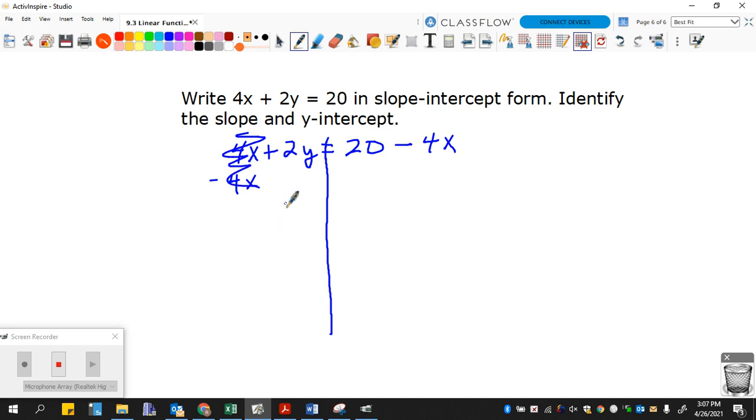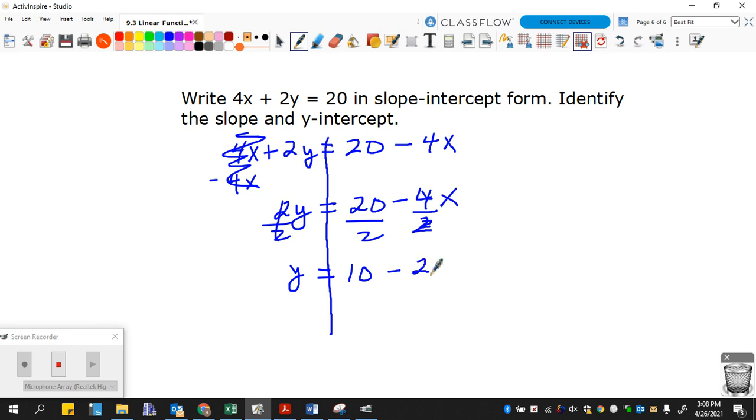We're left with 2y is equal to 20 minus 4x. Divide all three of them by 2. The 2's cancel out, and y is equal to 10 minus 2x.